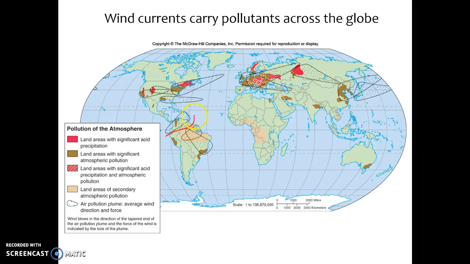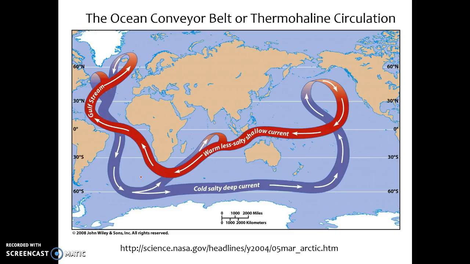These outlines are where the air pollution goes, about the average direction and force of that wind. So you can see that different places have different patterns for moving things across the globe. And then the colored in parts are showing you places that experience signs of pollution in the atmosphere. So the bottom line here, the wind can carry pollutants across the globe.